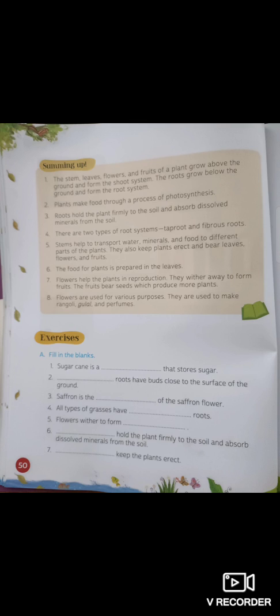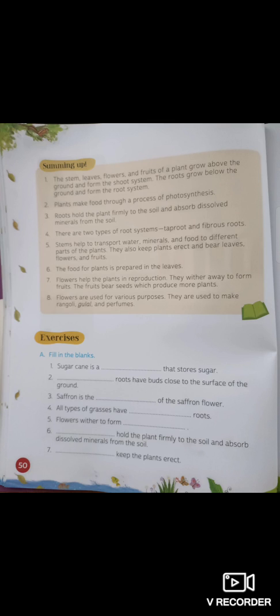Roots hold the plant firmly to the soil and absorb dissolved minerals from the soil. There are two types of root systems, taproot and fibrous roots. Do you remember taproot and fibrous roots? Taproot is the main one root going to the ground, and fibrous roots are many small roots branching out, right?